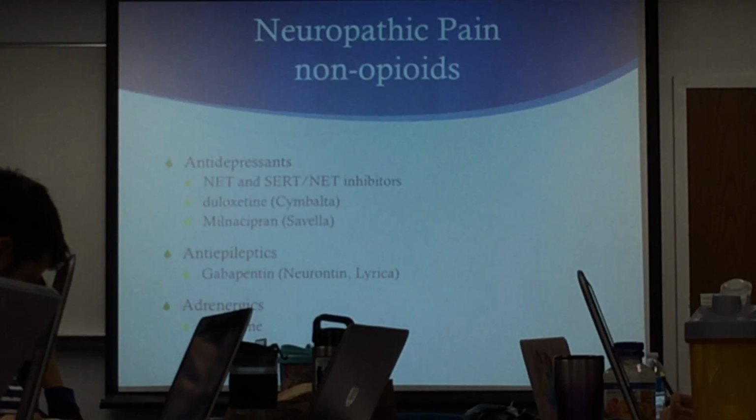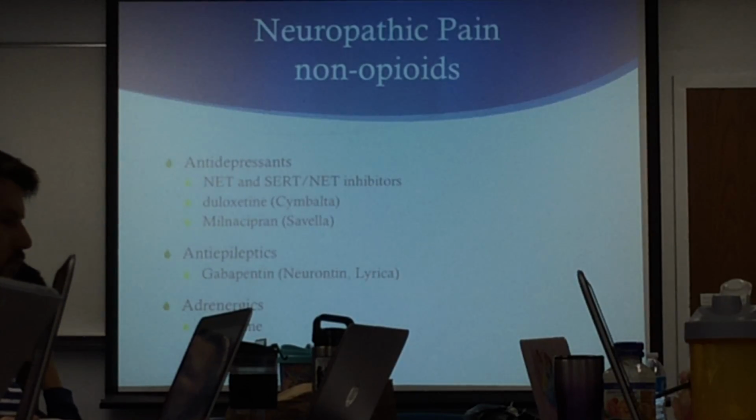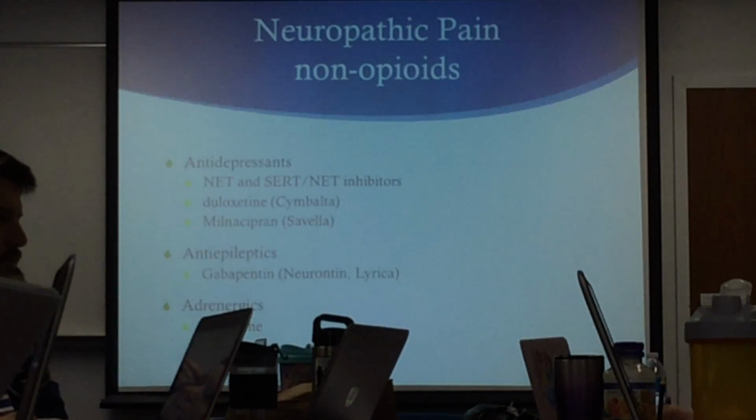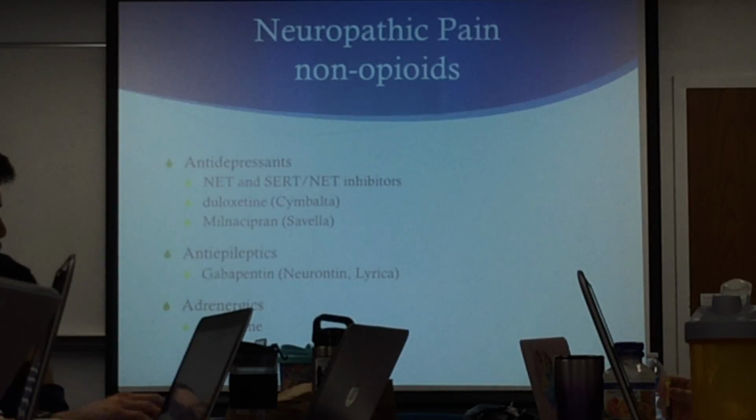The other drugs that become analgesic that normally are not analgesic are antidepressants, antiepileptics, and certain adrenergic drugs. For the antidepressants that are useful, it's predominantly norepinephrine transporter inhibitors or serotonin-norepinephrine reuptake inhibitors.